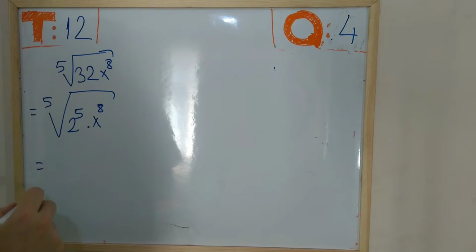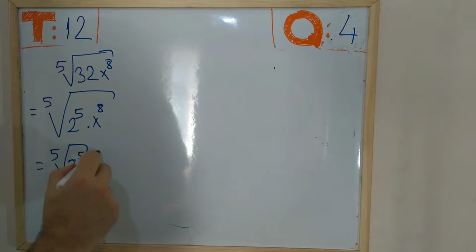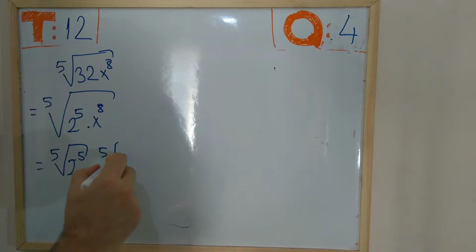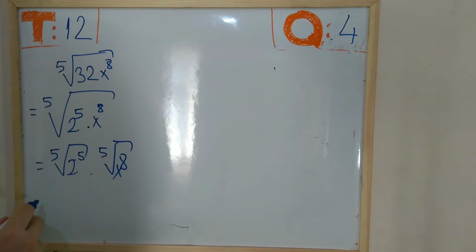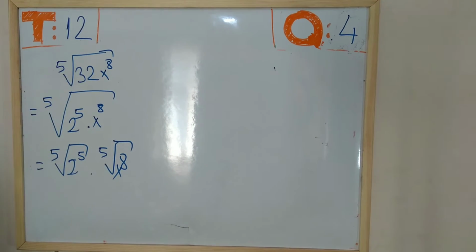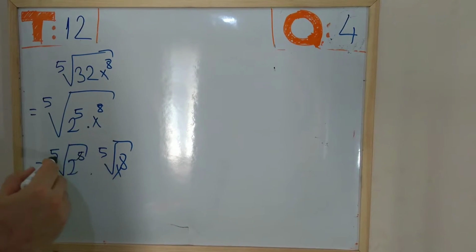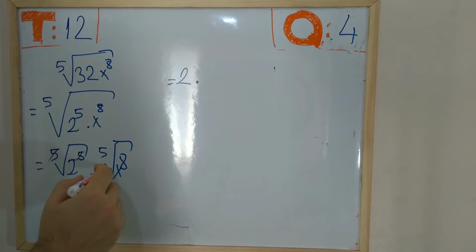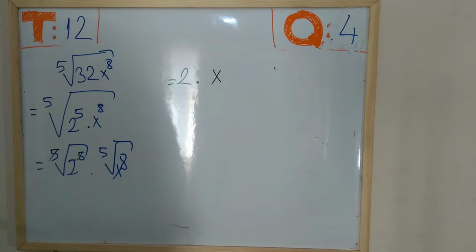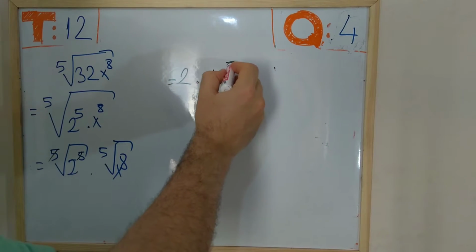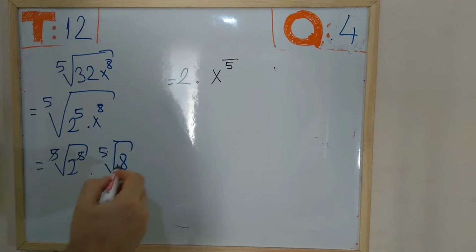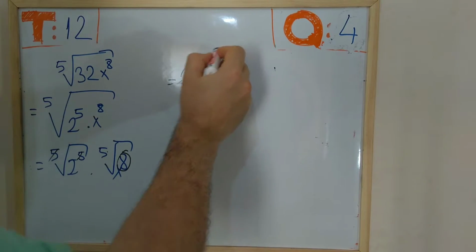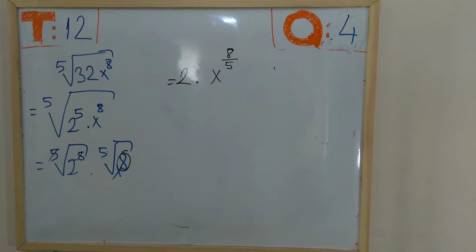We can call it also this way, 5th root of 2 to the 5 times 5th root of x to the 8. Which means that when we simplify, we're going to have 2 times x. The denominator is 5, and the numerator is 8.